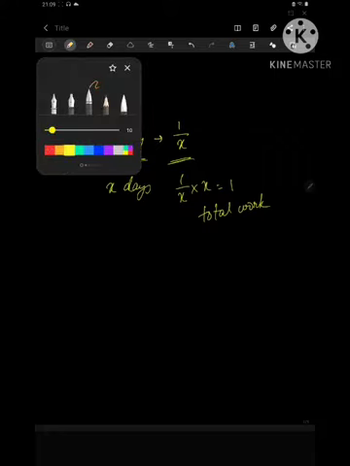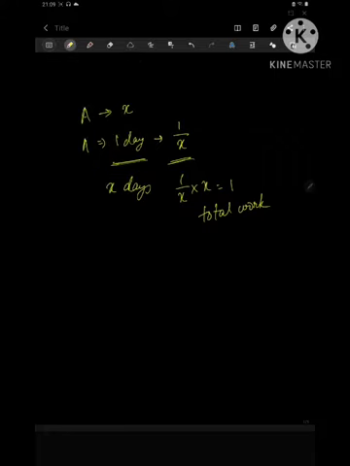Now suppose there are two people, A and B, and A completes the work in X days and B completes the work in Y days. So if A and B work together, how many days will they take to complete the work?